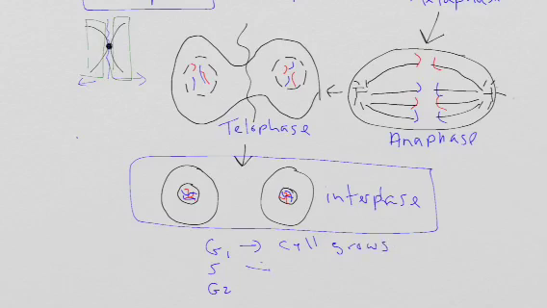S phase, the DNA, which right now is just a bunch of chromatids, is actually going to make a complete replica of itself because it's going to go from chromatid to chromosome. So that's where we go from just having one side of the chromosome or the X to making both sides of the X, right?